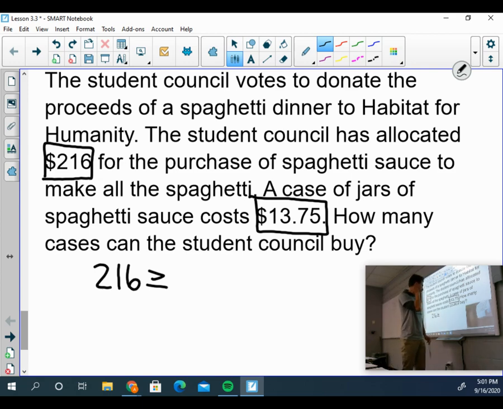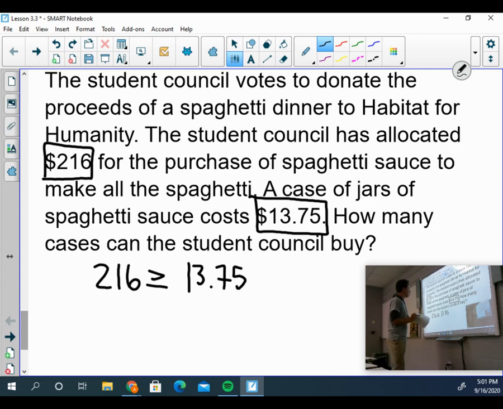So now let's work through the 13.75. A case of jars costs $13.75. Well, easy enough. But the question is, how many cases can the student council buy? The mistake that most people will make here is they'll put $13.75 plus C for the number of cases they can buy.